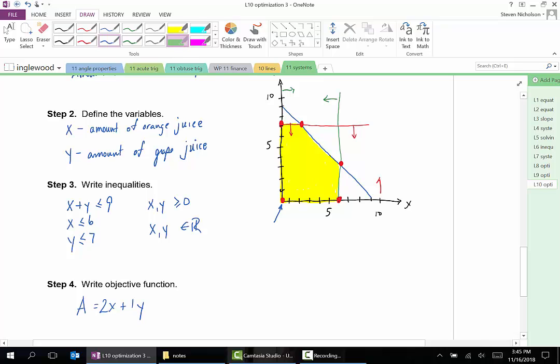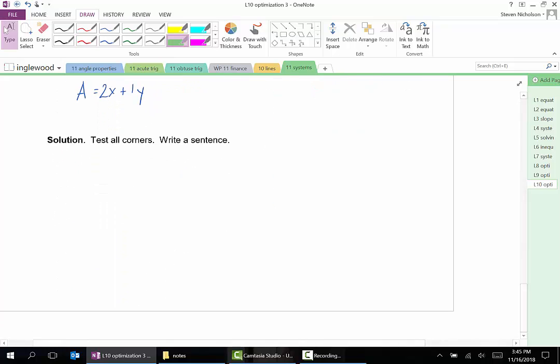So let's call this coordinate 1, coordinate 2, coordinate 3, and coordinate 4. And we're going to check these 4 points for the amount of vitamin C that would generate. So point number 1 is (0, 7).